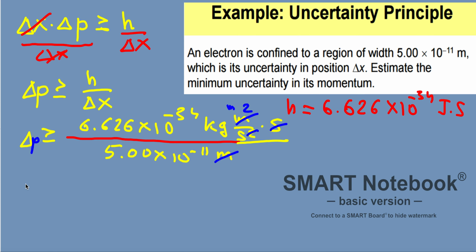And now what do we have? Delta p is greater than or equal to... Now we can calculate everything here.